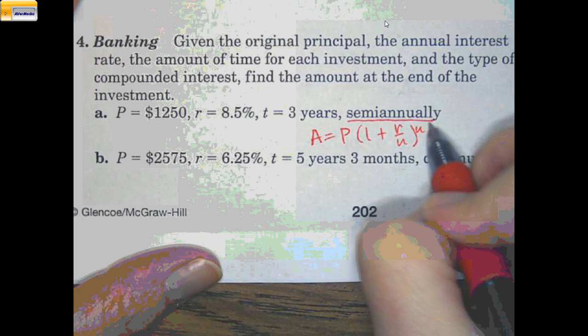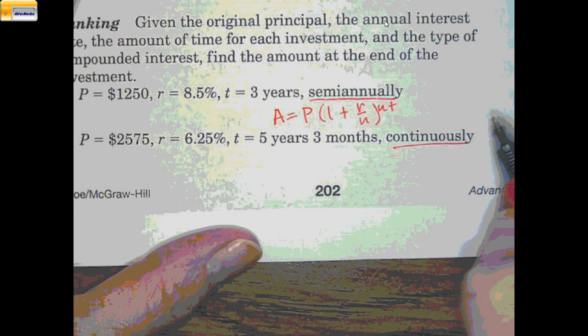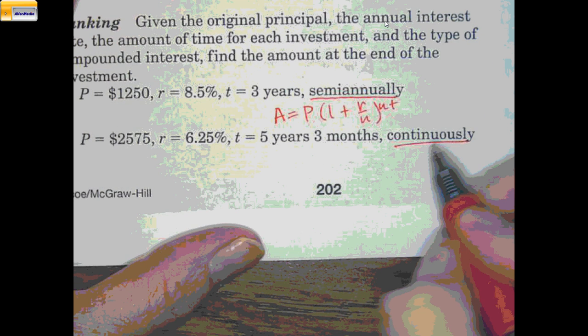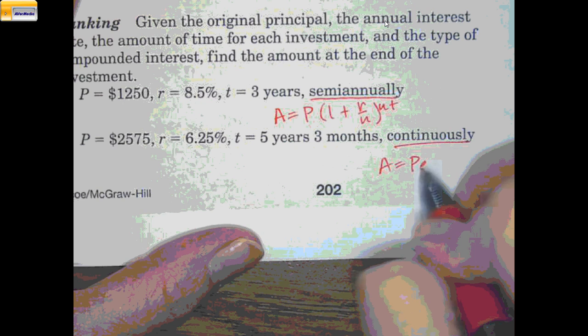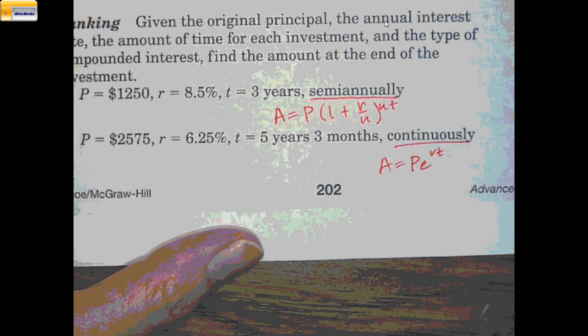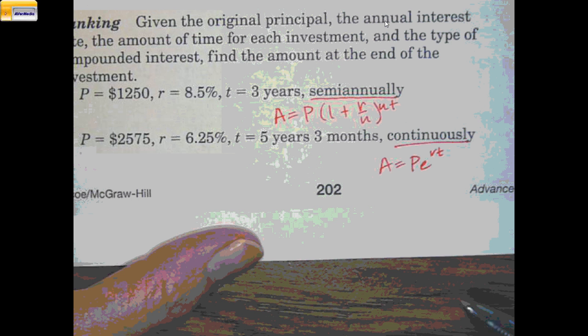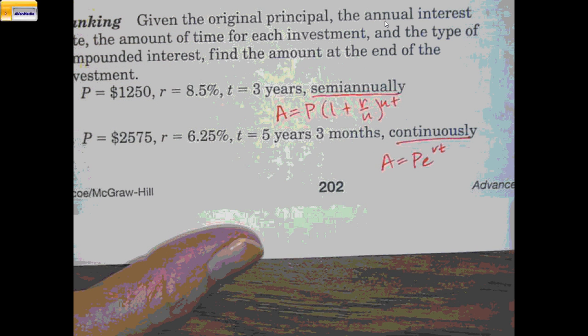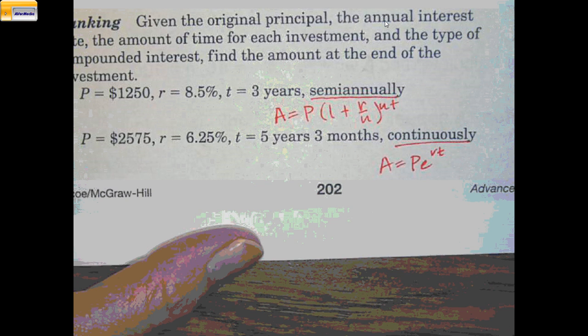And one of these is compounded continuously. What do you do if it says compounded continuously? PERT. Good. So I'm not going to make you waste your time sticking that in the calculator. I know you guys know how to do that from yesterday, but just watch for your words is what I'm saying. Questions? Okay. You got that written down?